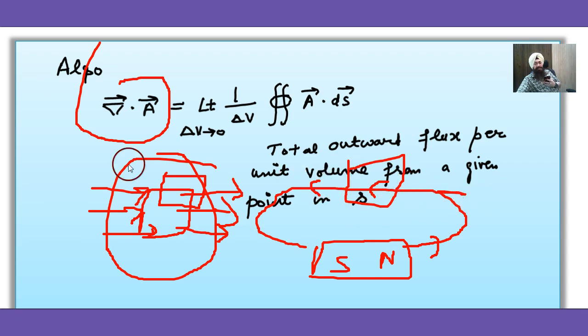So del vector dot B vector equals 0. That implies in the case of the B vector there is no source or sink. That means del dot B equals 0, and the B vector is called solenoidal.